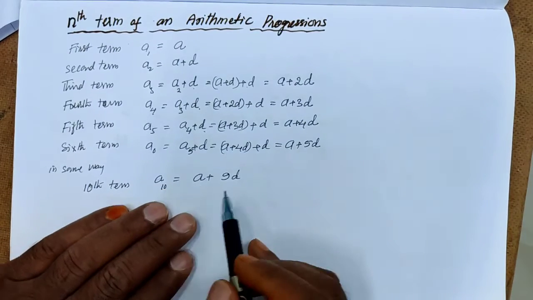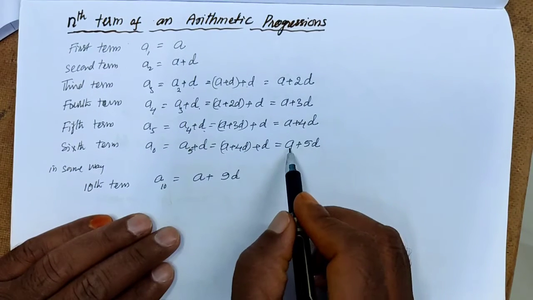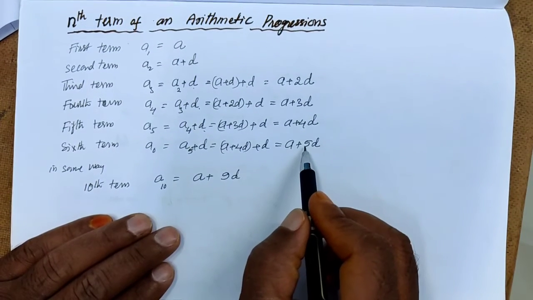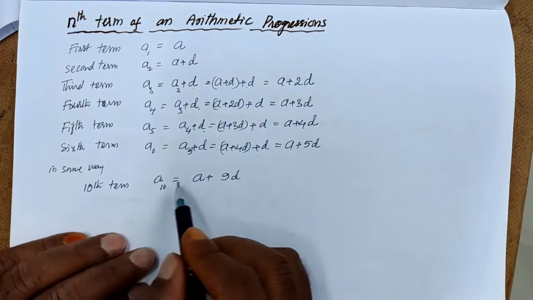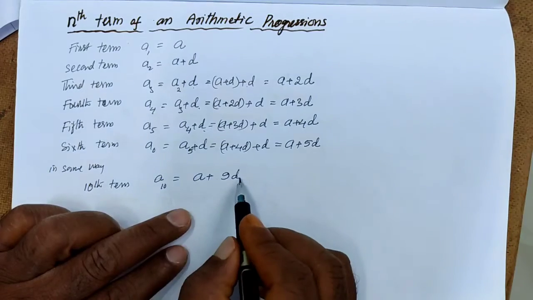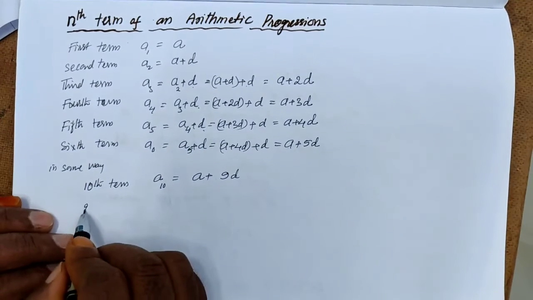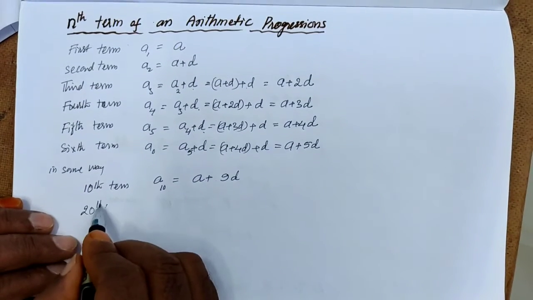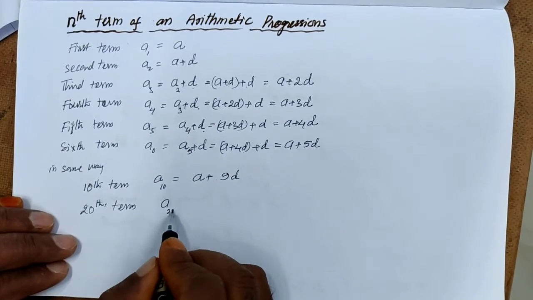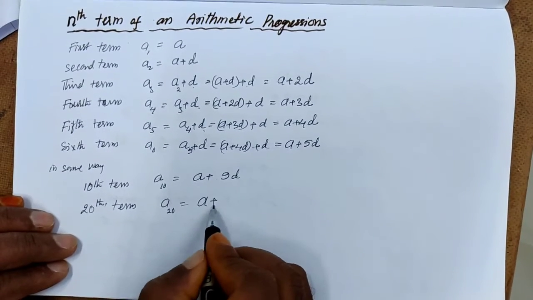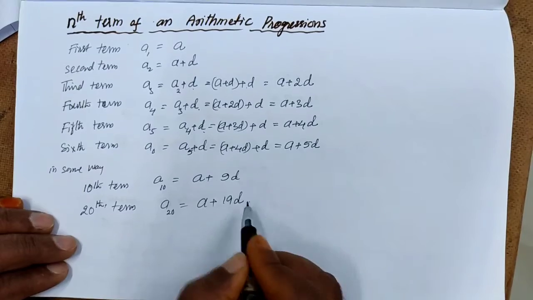In the same way, the 10th term is a plus 9d, and the 20th term a20 is equal to a plus 19d.